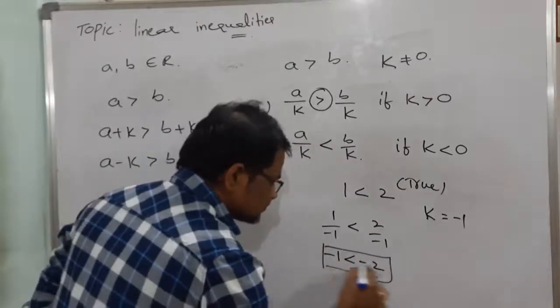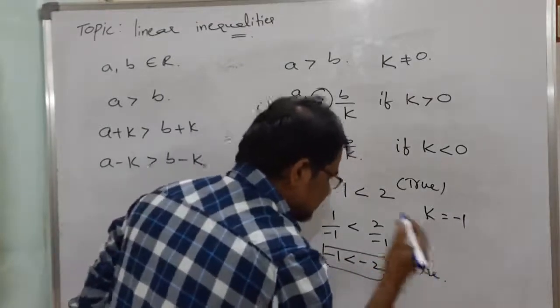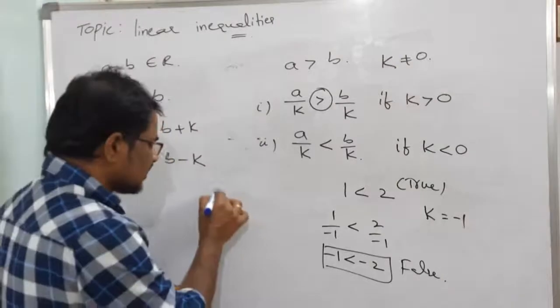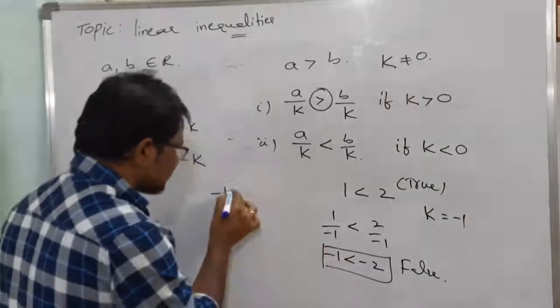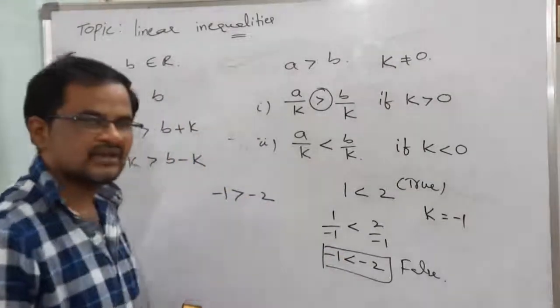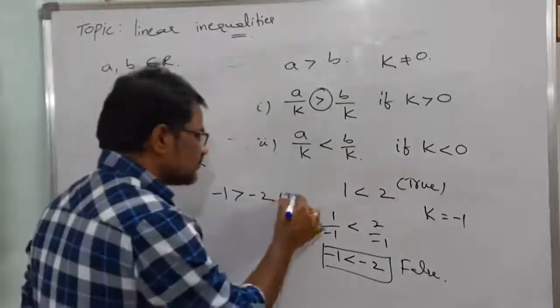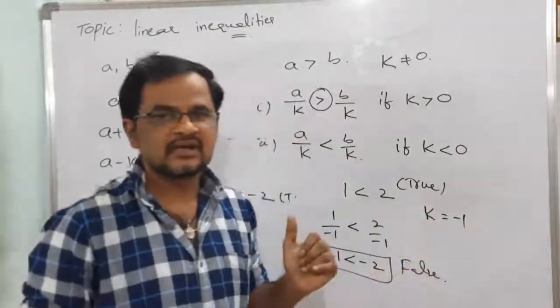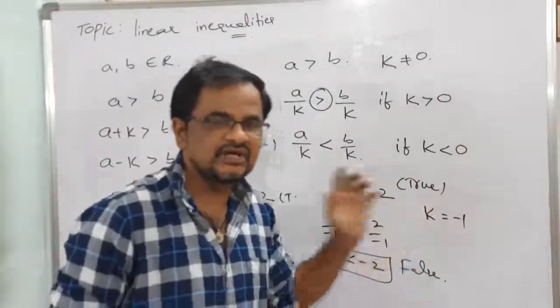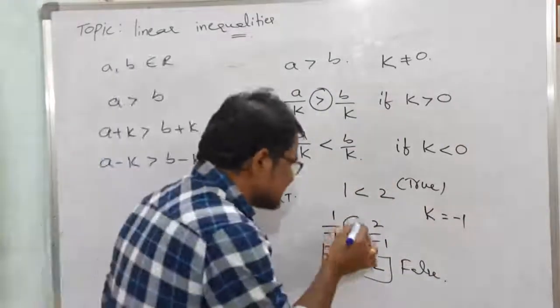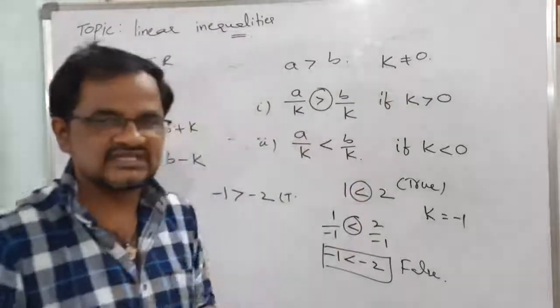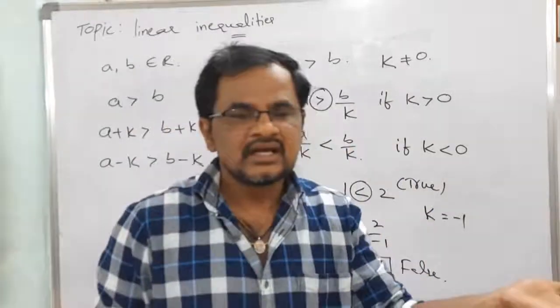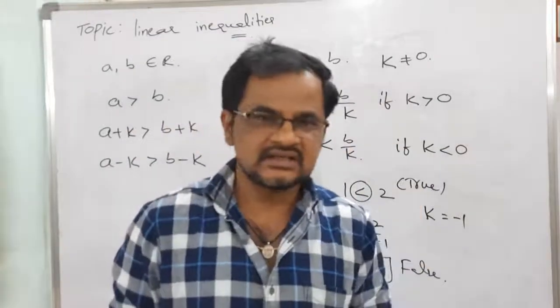Is it true? This statement is false. But if you take 1 > -2, then it is true. So if you multiply or divide by a negative real number, the inequality definitely reverses: less than becomes greater than and vice versa.